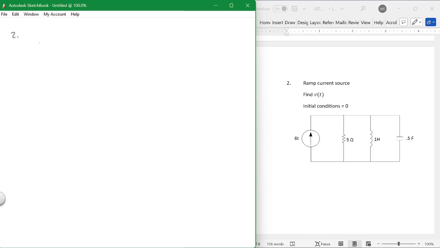So again, this is the same question, except now it's 6 over s squared for my I, okay? So now we play the same game with these three, and we get 10s over 5s squared plus 2s plus 10. So this is our R, okay?